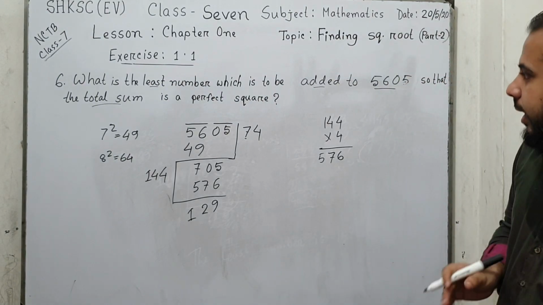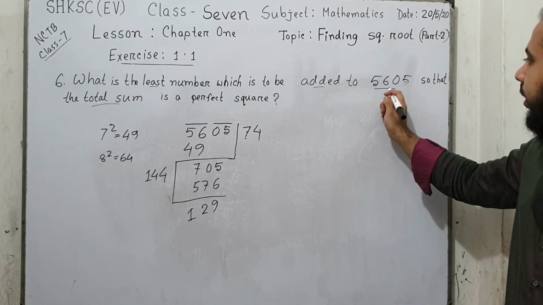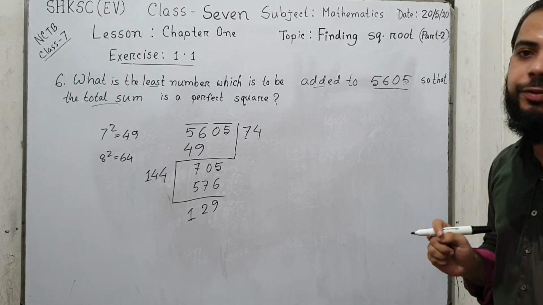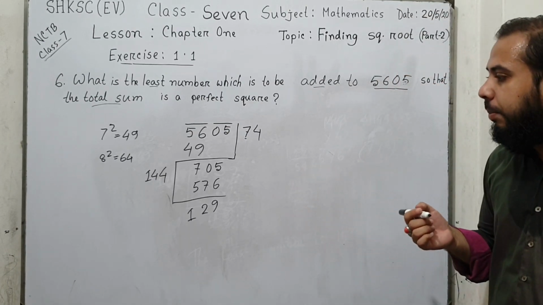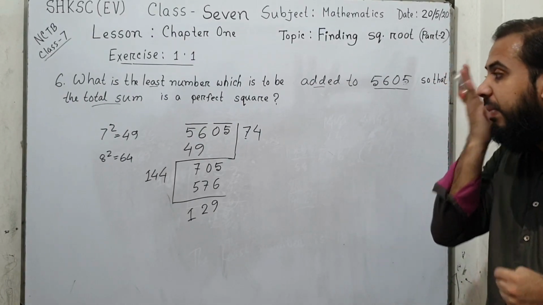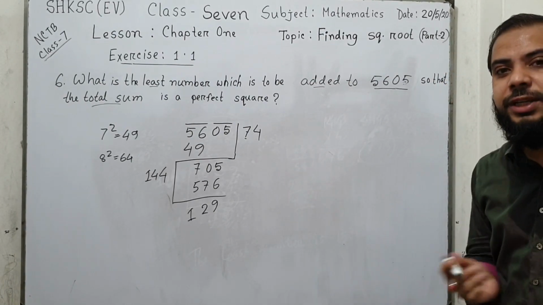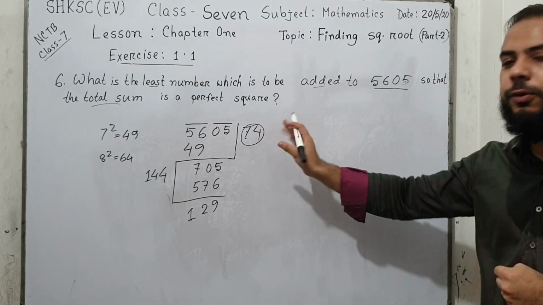Now what does the question ask? Which number is to be added to the number by which we can get a perfect square? Now look, we have to add a number which will make it a perfect square. So it must not be 74 anymore.